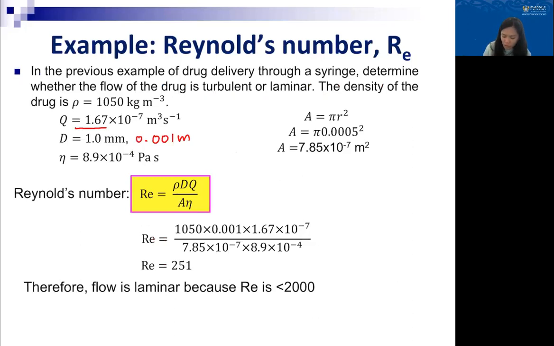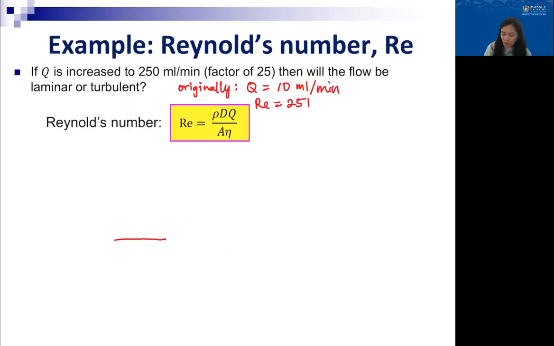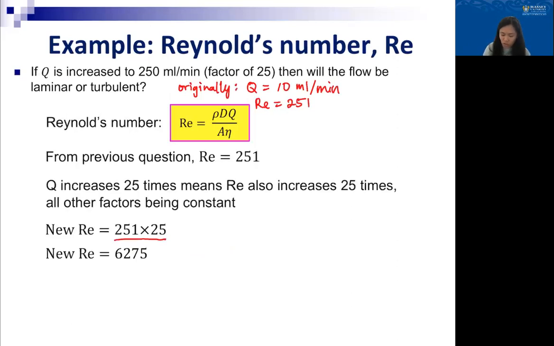And then you still need to multiply that with density, multiply that with the diameter, and then divide that with the area and viscosity. So you got it. It's just a rounding error, but what you got is actually quite close to the answer. 6275 is close to 6290. So that's why it's just a rounding.